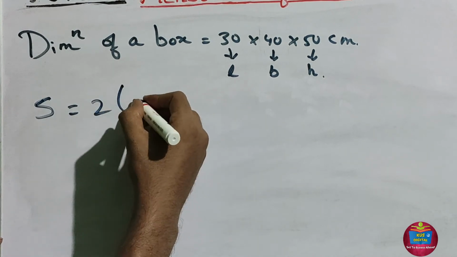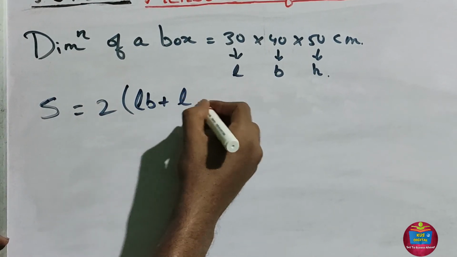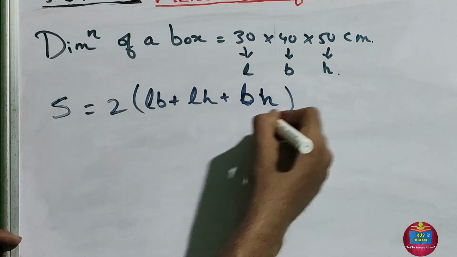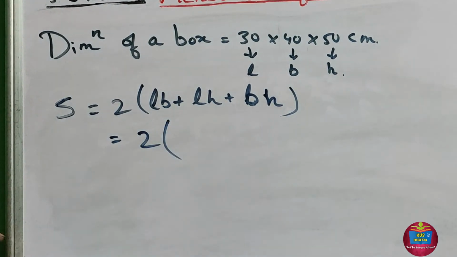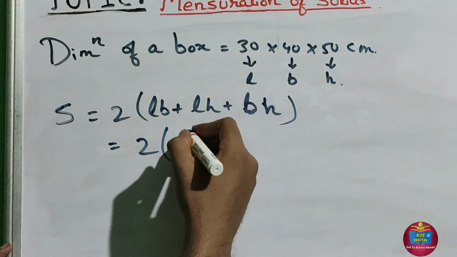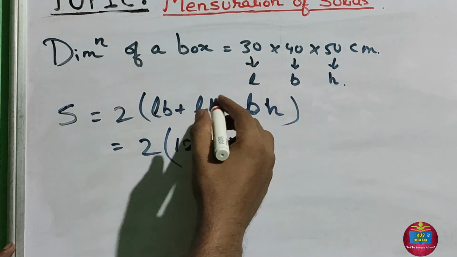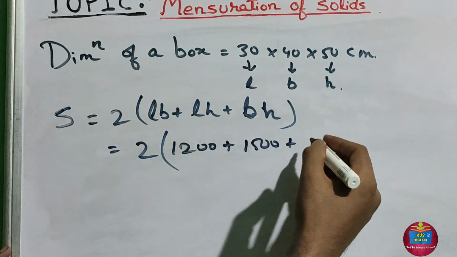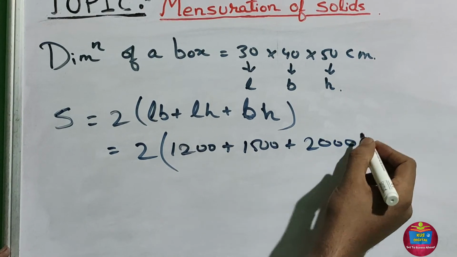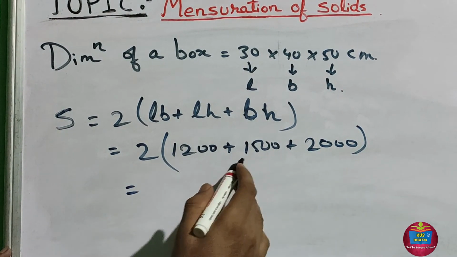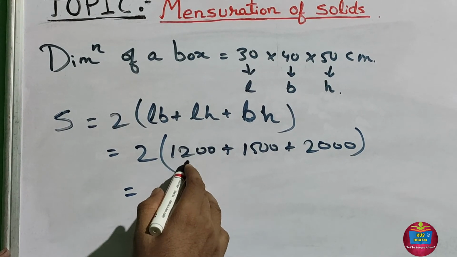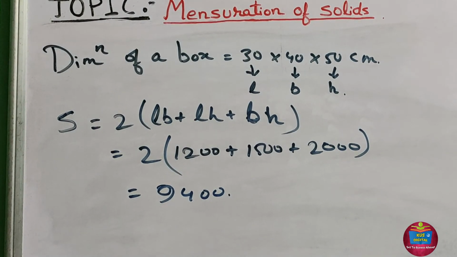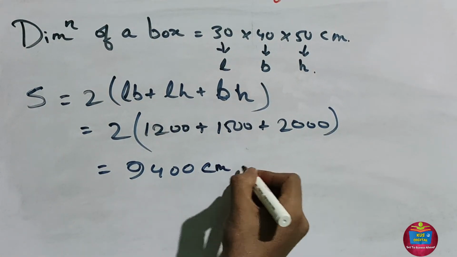S is the surface area of one box. It will be 2 into length into breadth plus length into height plus breadth into height. So this is 2 into, length into breadth, that means 1200, length into height, that means 1500, plus breadth into height, that means 2000. So this is 3500, that is 9400 centimeter square.